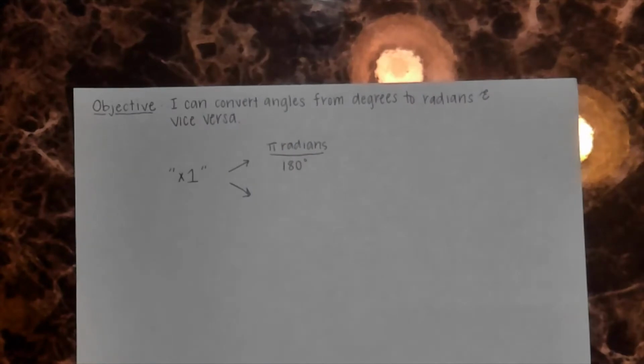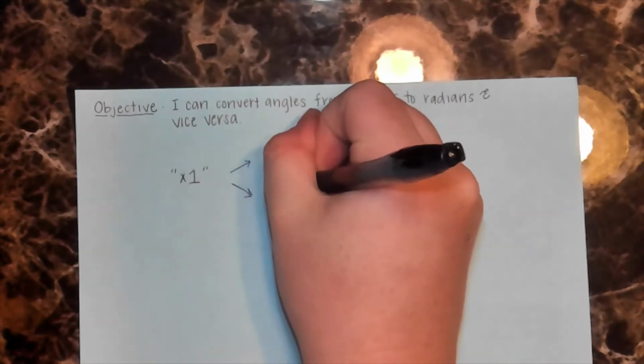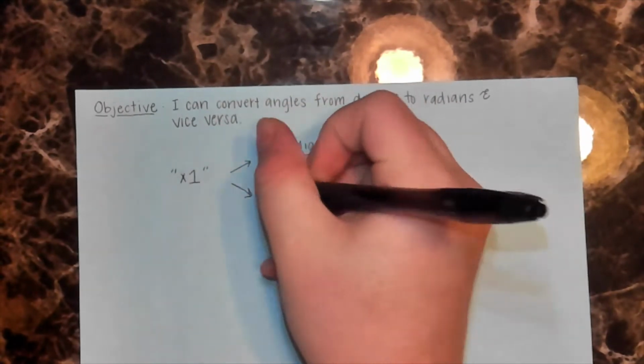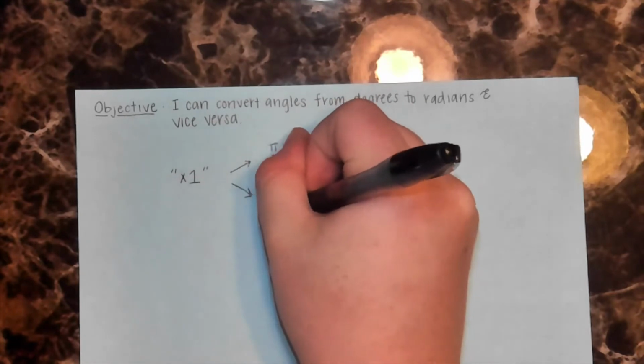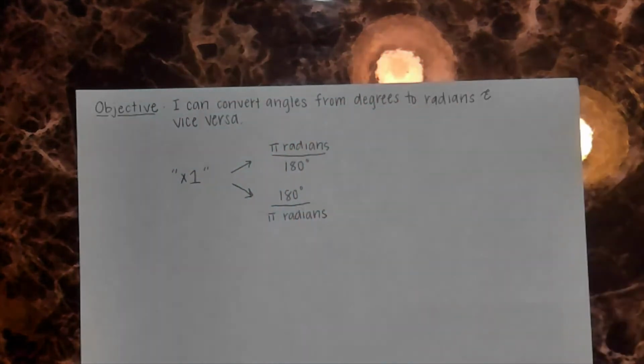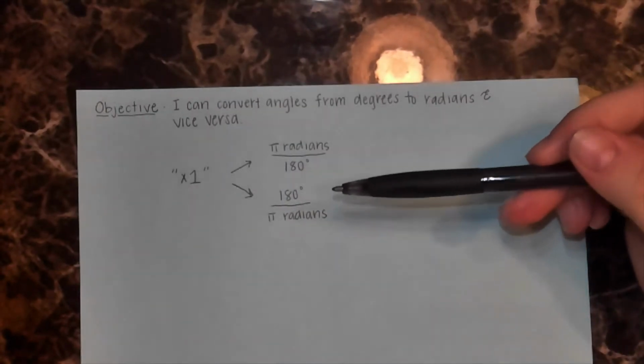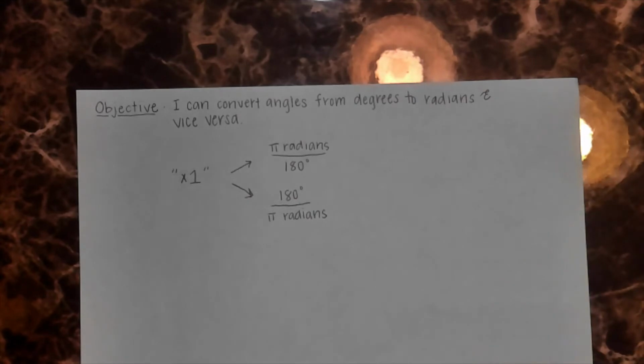The second conversion fraction we'll use in this lesson is just the flip of that. So 180 degrees over pi radians. And we just need to know when to use each of these fractions. It's all going to depend on what the problem is given to us in.